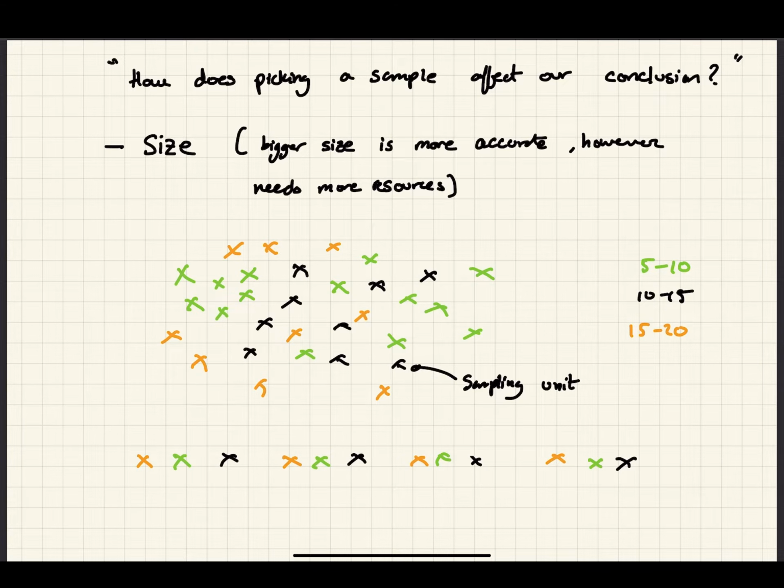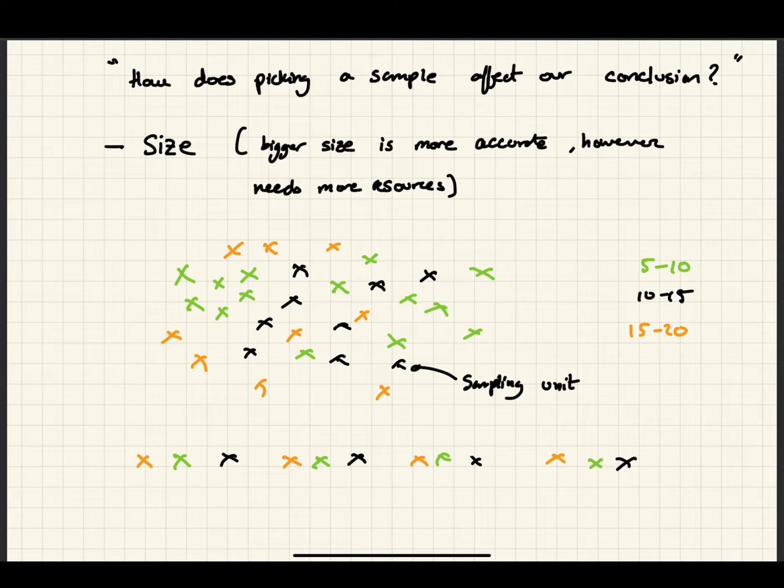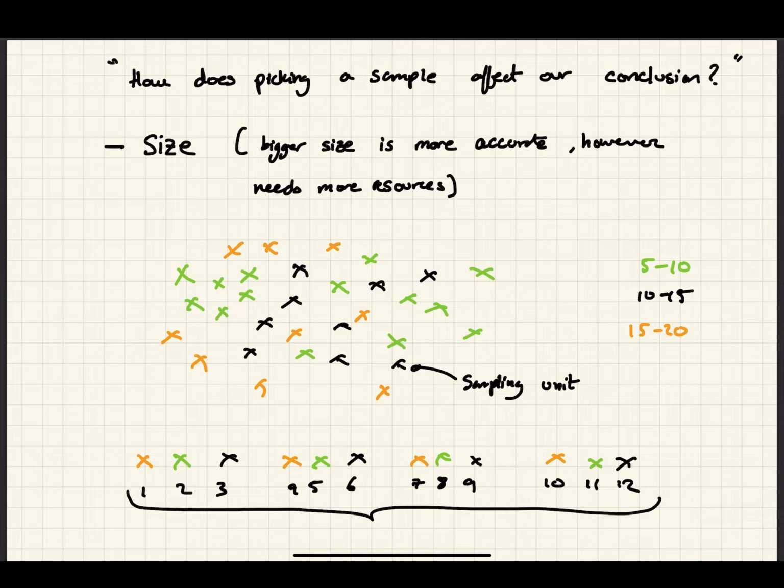And usually the sampling units in your population, you'll often number them. What I mean by that is, let's actually use this bottom one here instead of the top one. If I was using this as my sample, then normally what you'd want to do in statistics is number your sampling units as so. So here I might number them from 1 to 12, and all of these things put together are known as my sampling frame.